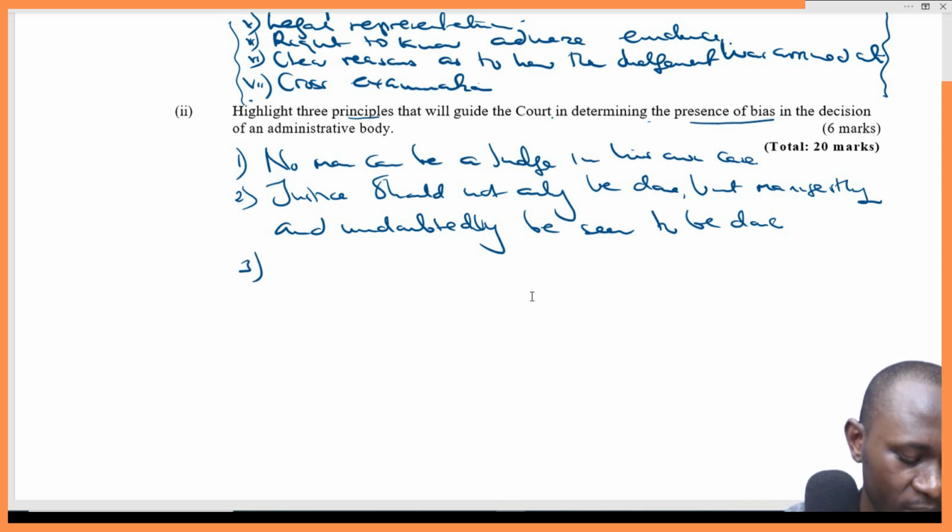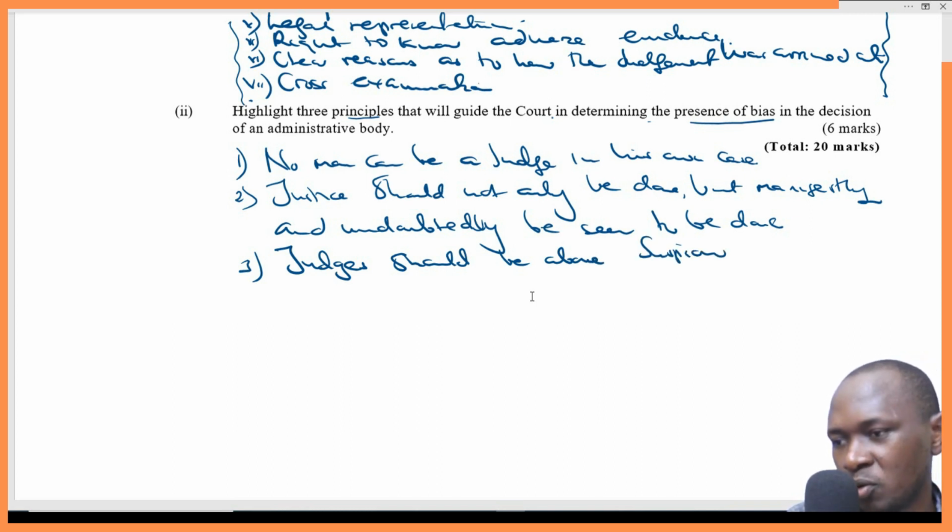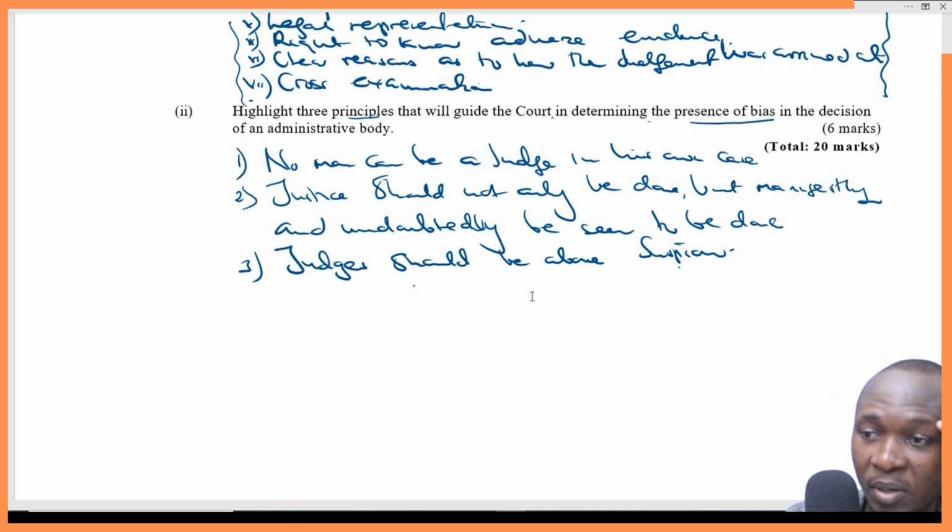Then number three, the judges who are delivering the judgment should be above suspicion. Anytime a judge is suspected, that means there will be issues of bias.